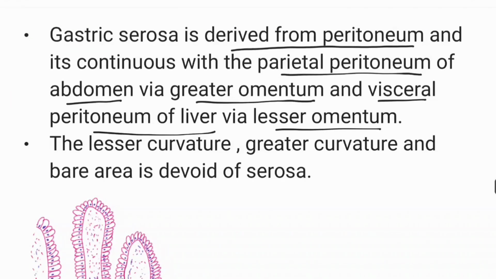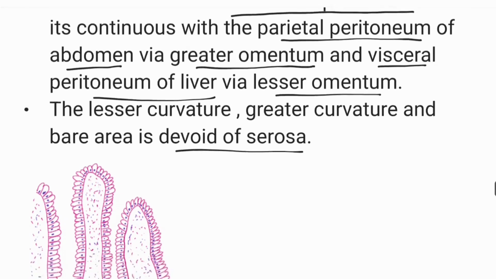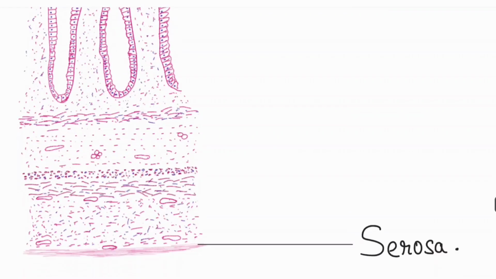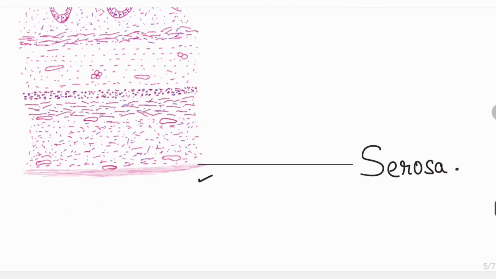You should remember that the lesser curvature, the greater curvature, and the bare area are devoid of serosa. The serosa is the outermost layer. Here we can see the serosa layer.